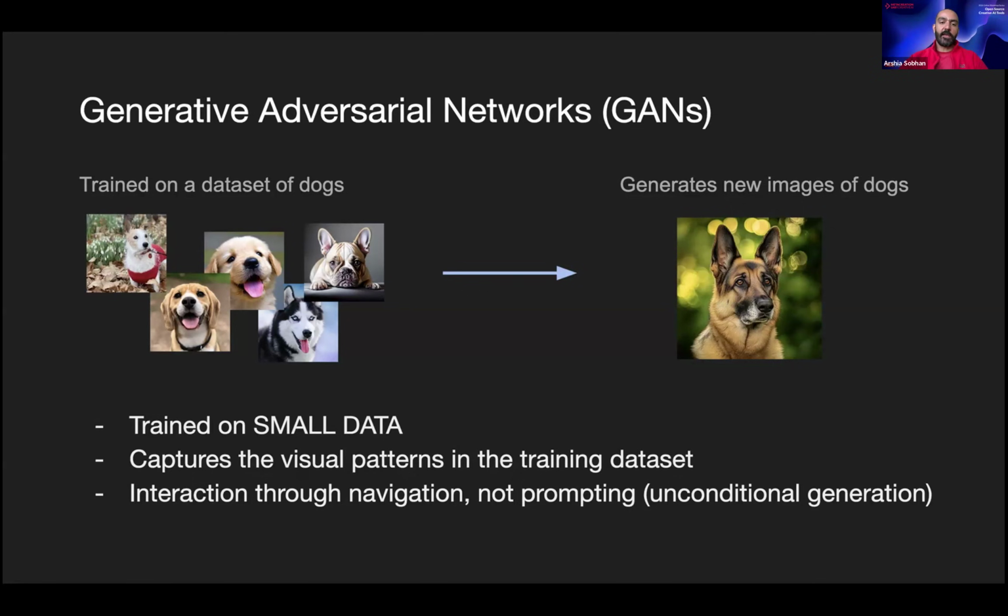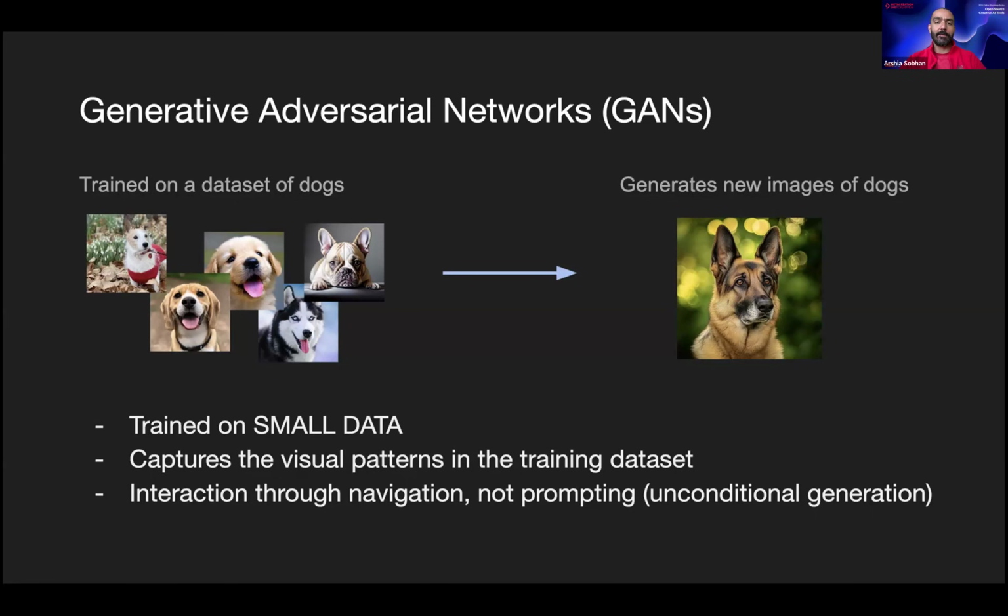I often use the example of dog images because why not? They're cute. Now if we have a data set of dog faces and we train a GAN on that data set, the trained GAN will be able to generate new images of dogs that in a way don't exist, meaning that they don't belong to the data set.